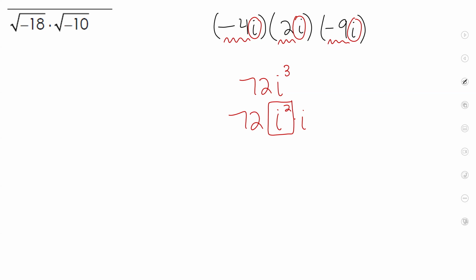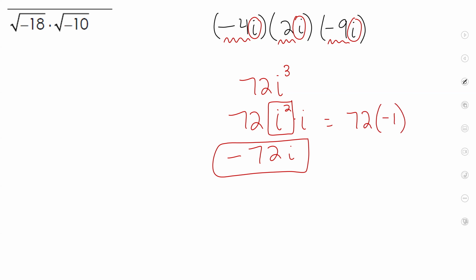Okay, so this is negative 72I, since I squared is negative 1. I can also write it like this, 72 times a negative 1 times an I. Some of you guys were writing this, which is fine. Just don't write it like this because that looks like 72 minus I, not 72 times negative I. Okay? And you typically write it like this. Okay? So let's not write it this way.